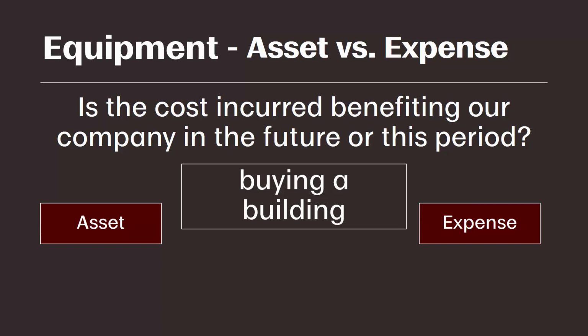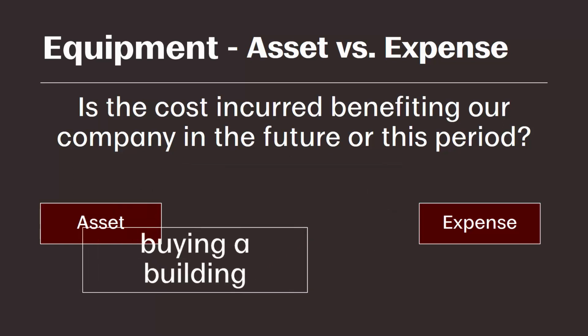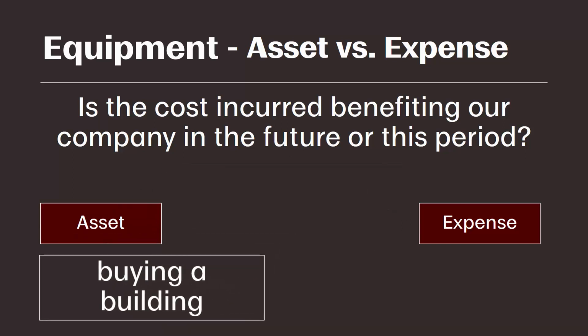If you remember back, the reason we gave for recording a building as an asset when we first purchase it is that we plan to use the building for many years to come to generate revenue. Each year we use the building to generate a little bit of revenue. In accounting, we want to record expenses in the same period that they help us generate revenue.